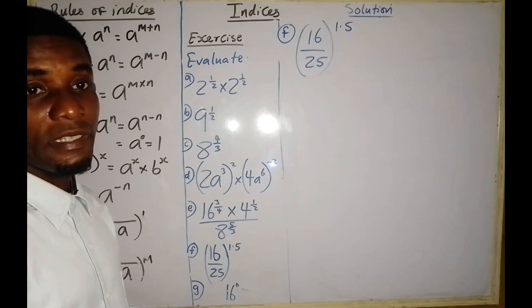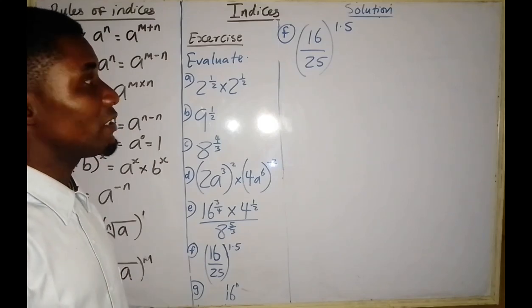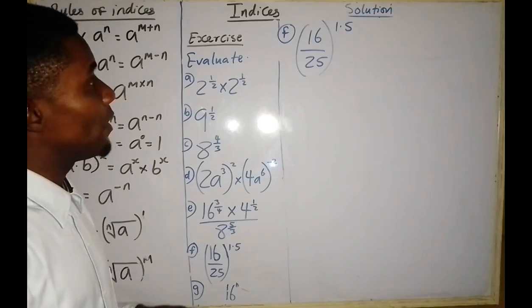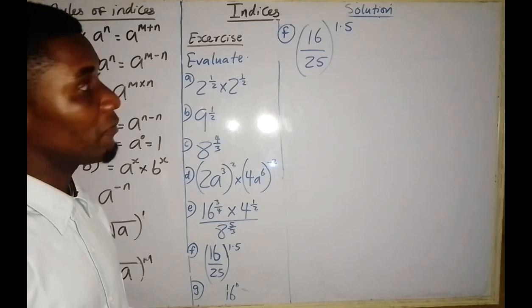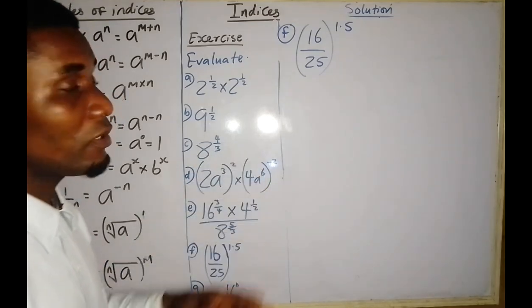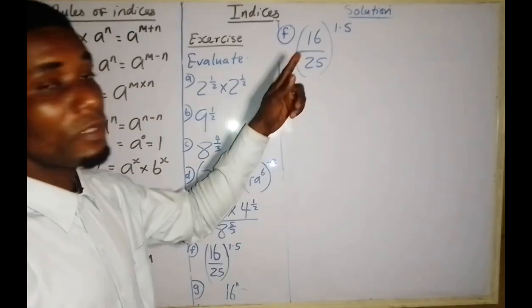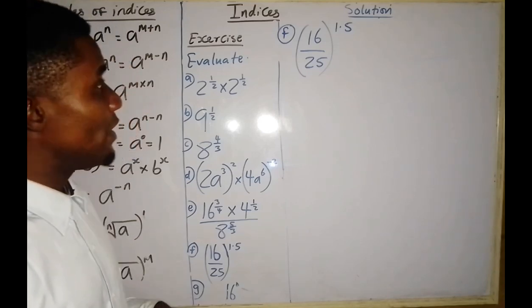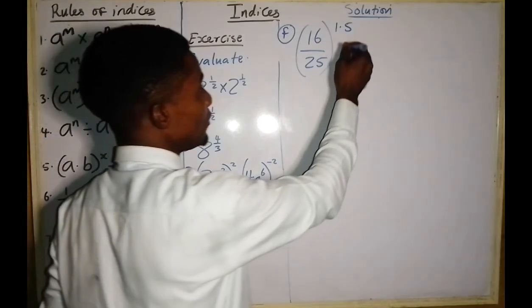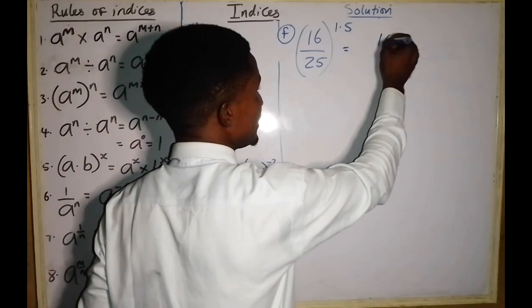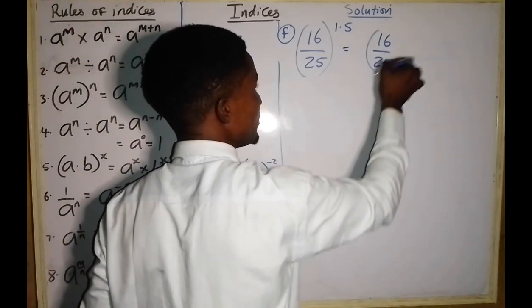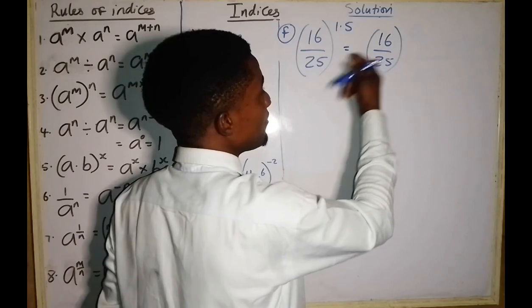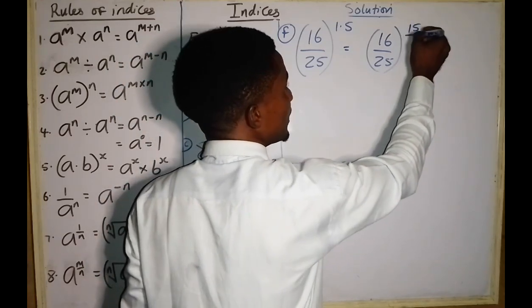Now, the sixth question says evaluate open bracket 16 over 25 close bracket raised to the power of 1.5. When you encounter a question of this kind, all you need to do is to change the decimal to a fraction for easy evaluation. So to solve this, we're going to be having 16 over 25 in brackets. 1.5 in fractions is going to be 15 over 10.